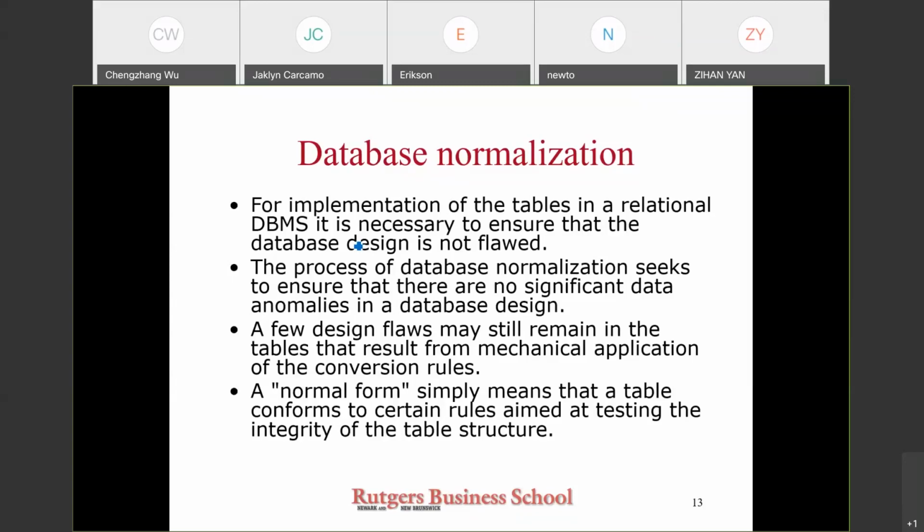Application of the rules described previously to convert an ER diagram to tables automatically results in well-designed tables. In most cases, the resulting tables are already in third normal form, which will be explained later. But a few design flaws may still remain in the tables that result from mechanical application of the conversion rules.